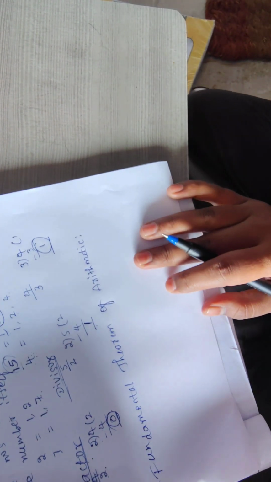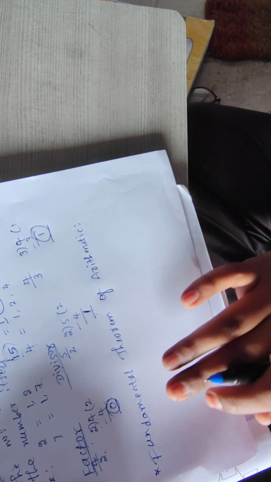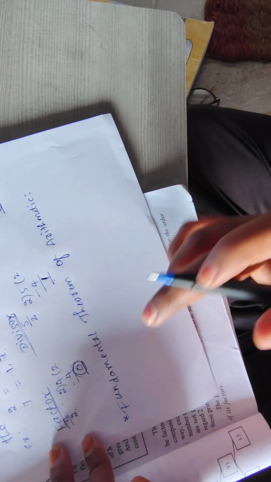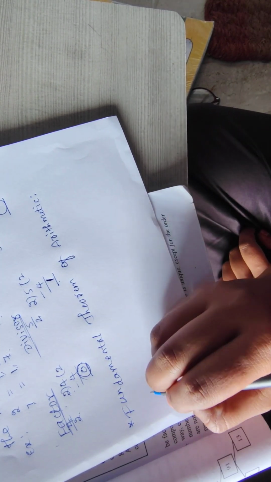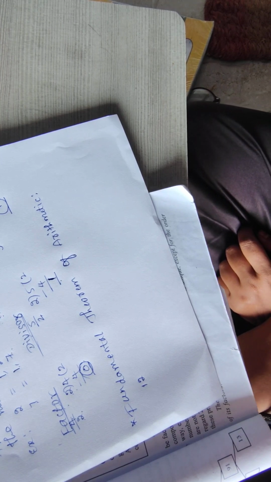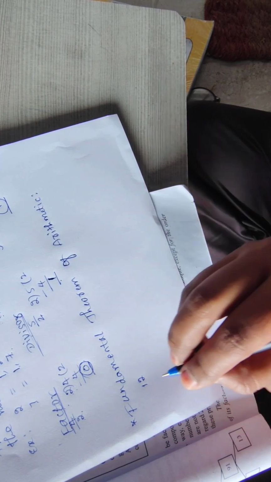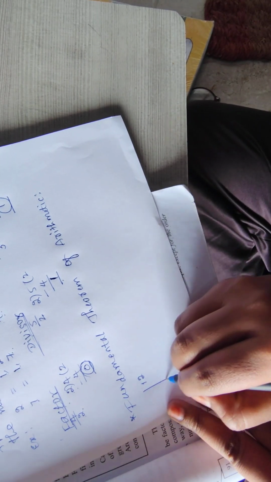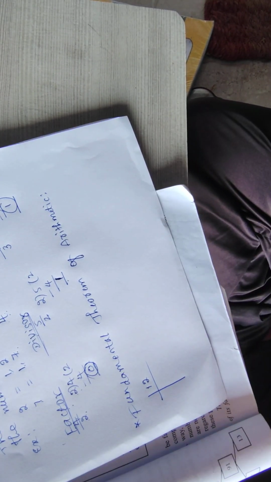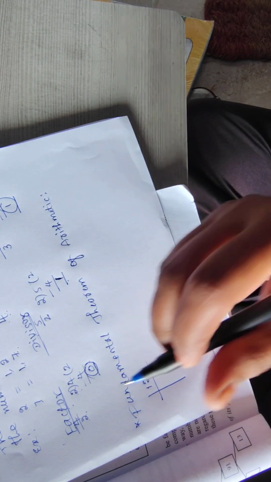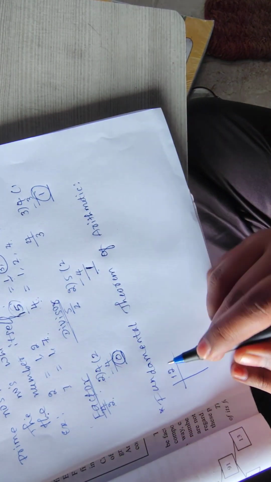Before going to the definition, first I will make you understand with the help of an example. See children, if I take any composite number, say for example 12, I can write it by using prime factorization. You know what is prime factorization? Factorizing the terms using prime numbers.